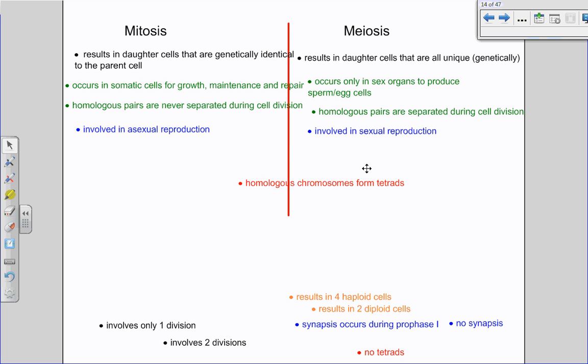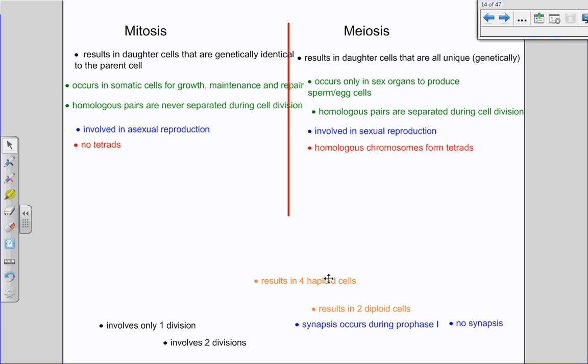They don't pair up in mitosis, so that only happens in meiosis. So for mitosis, there are no tetrads formed. Which one results in 4 haploid cells? Meiosis. And 2 diploid cells would be mitosis.